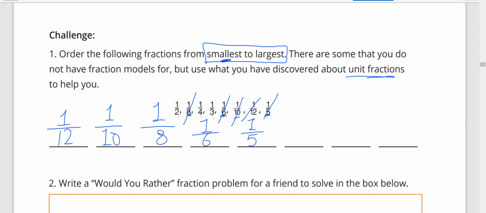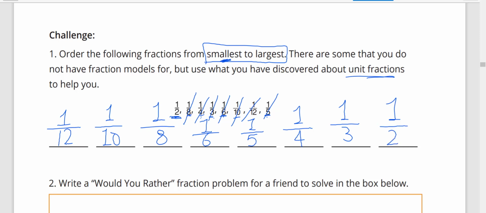Okay. Then we have 2, 4, and 3. Which is the greatest denominator? 4. So we write 4. Then we have 2 and 3 as denominators. Which is greater? 3. So we write third. At the end, we have a half.